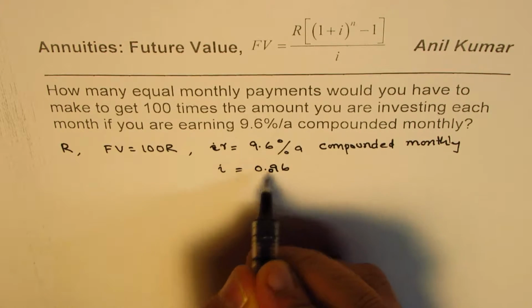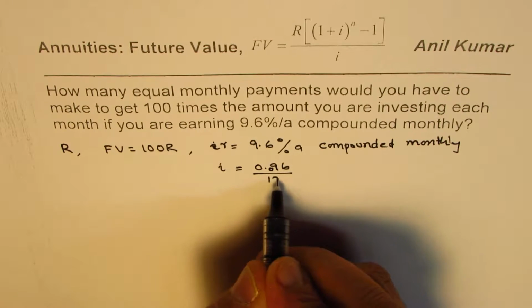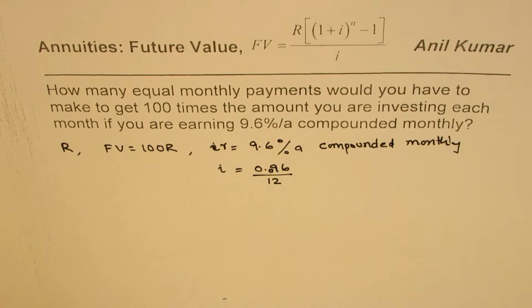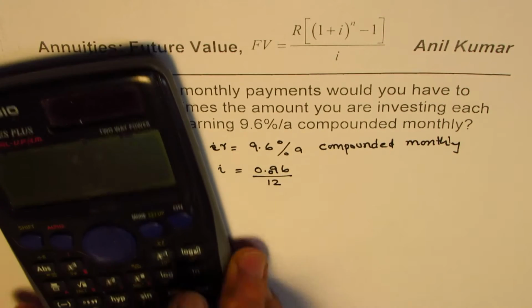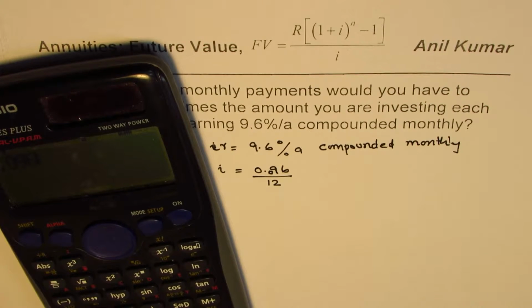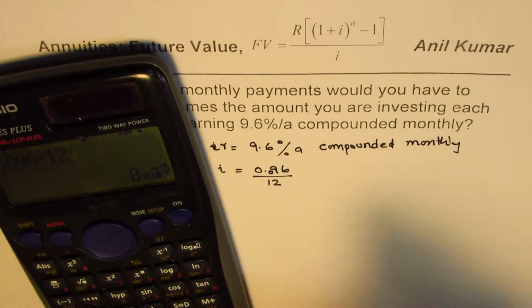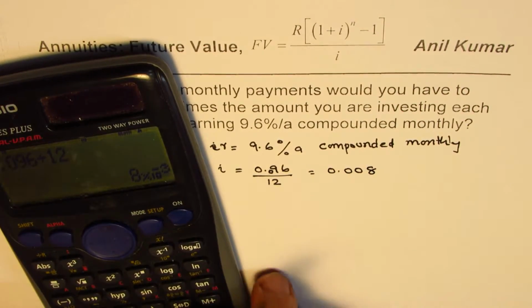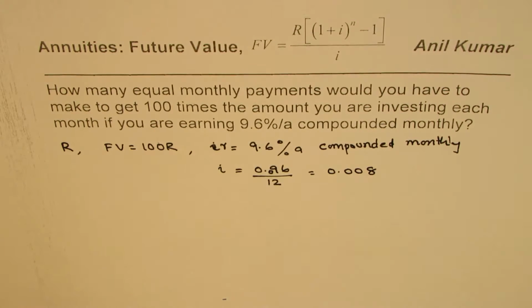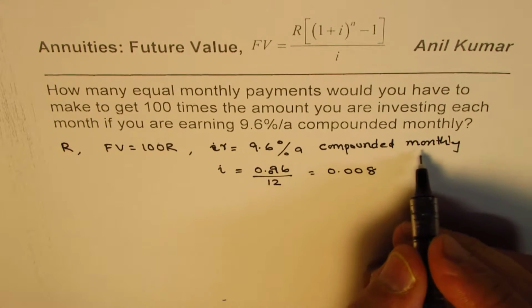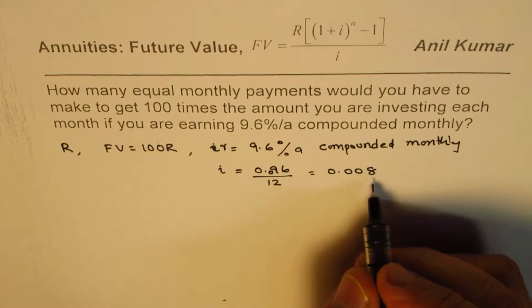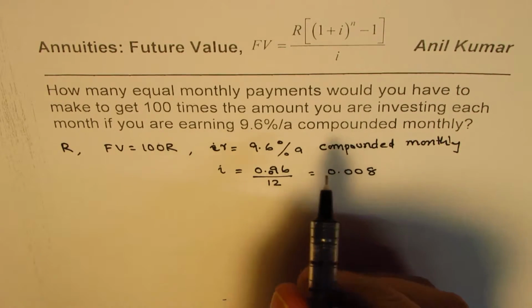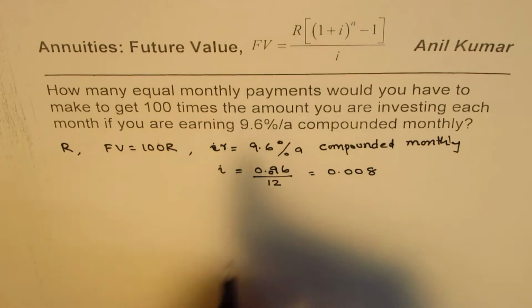We'll divide by 100 and then by 12, right? So let's do it, 0.096 divided by 12 equals, in decimals, 0.008. So I is 0.008 compounded monthly.